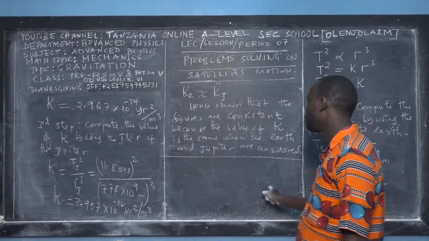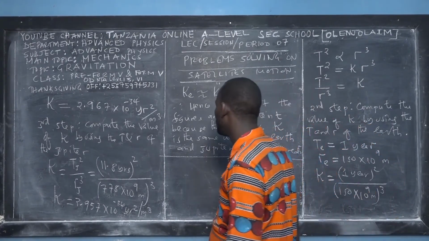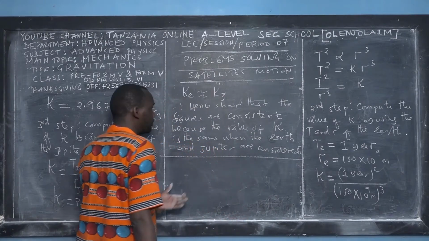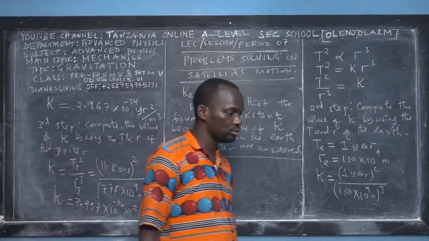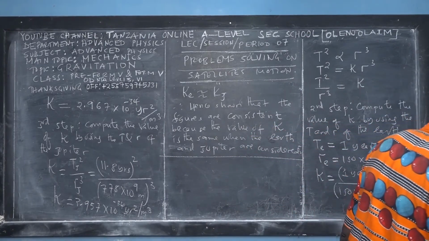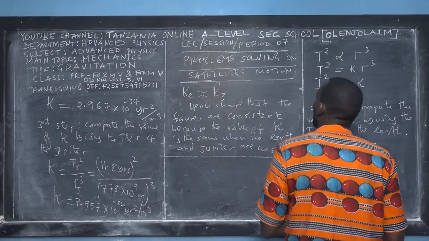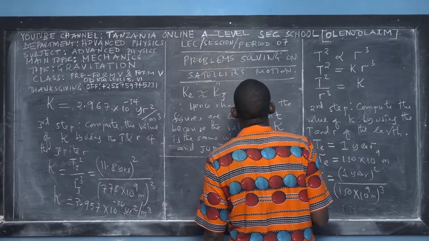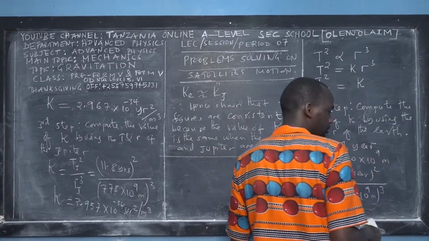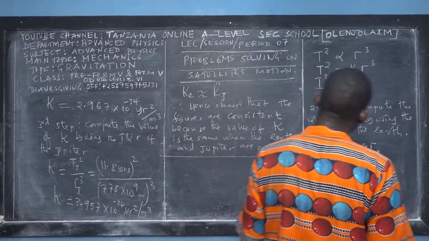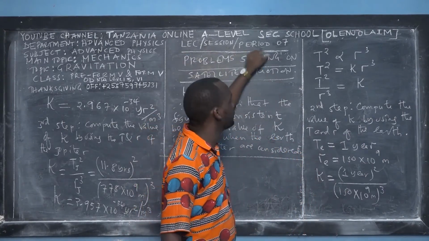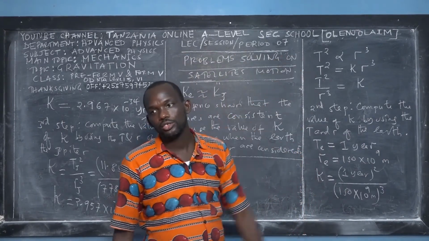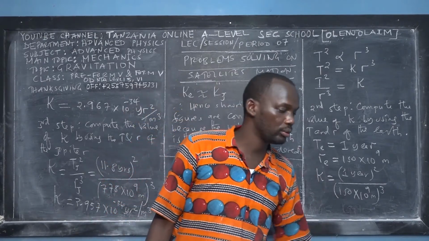So make sure that you do all the homework that I've given. Two questions are left for this lecture. Make sure you do them before you continue watching lecture 8, because the next lecture will be lecture 8.